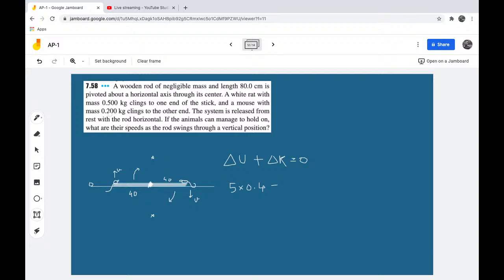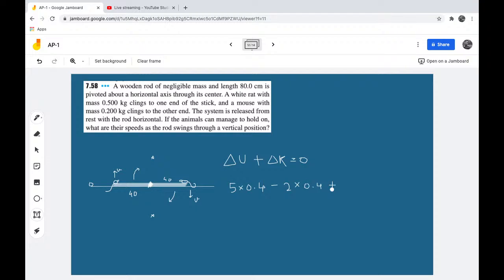Here m is 0.2, g is 10, so it will become minus 2 into 0.4. Now, what is the change in the kinetic energy?